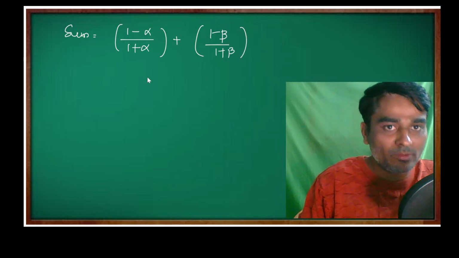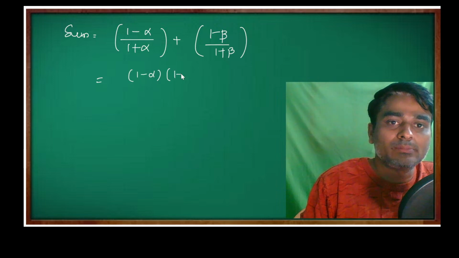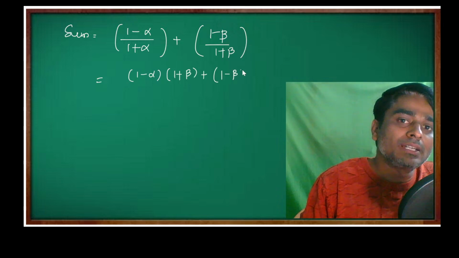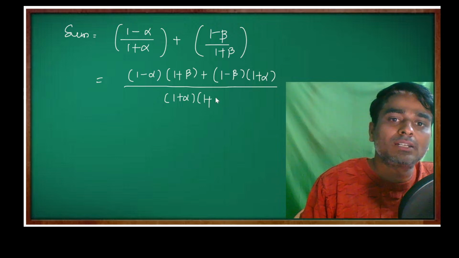Cross multiply. So we will get (1 minus alpha) into (1 plus beta) plus (1 minus beta) into (1 plus alpha), divided by (1 plus alpha) into (1 plus beta).